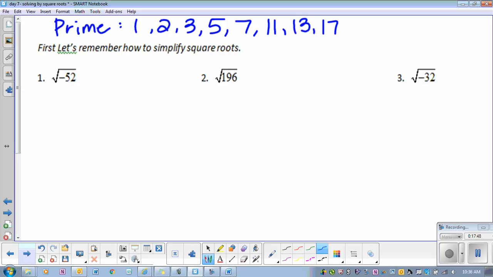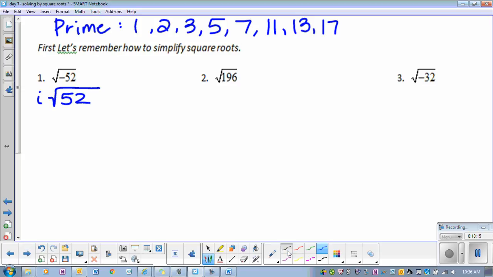So let's look at number 1, square root of negative 52. We learned this 2 classes ago, right? If there's a negative inside the square root, the i comes out. And now inside is just a positive 52.